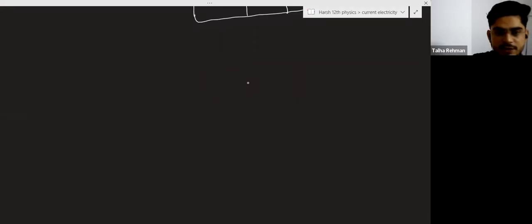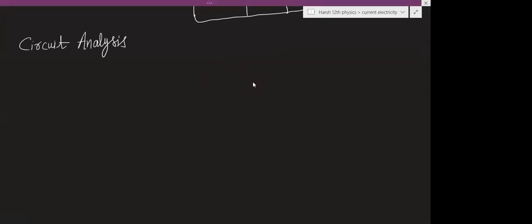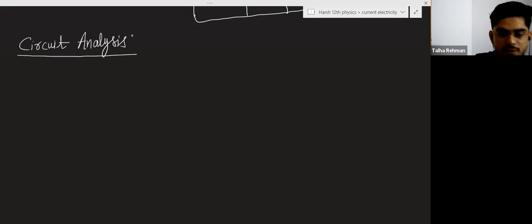So write the heading circuit analysis. In the circuit analysis, first we will study the series and parallel combination of resistors.